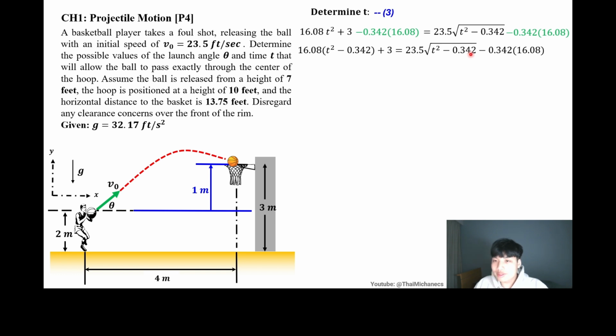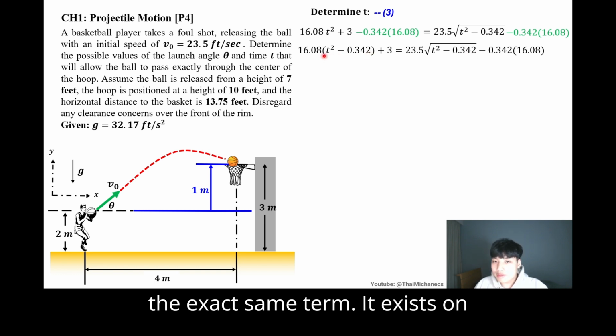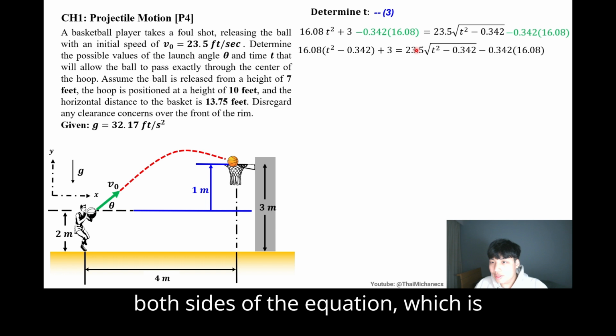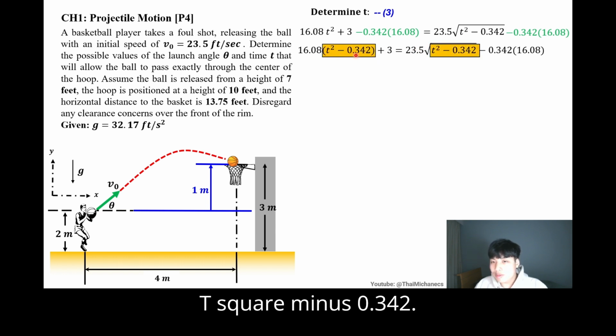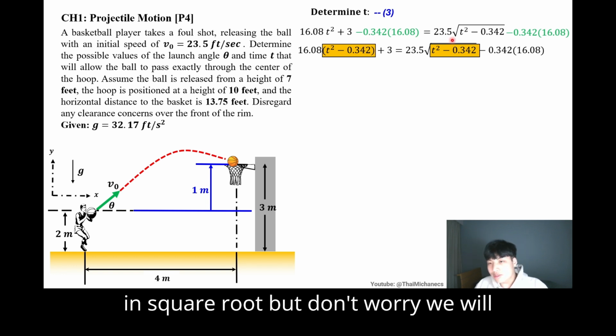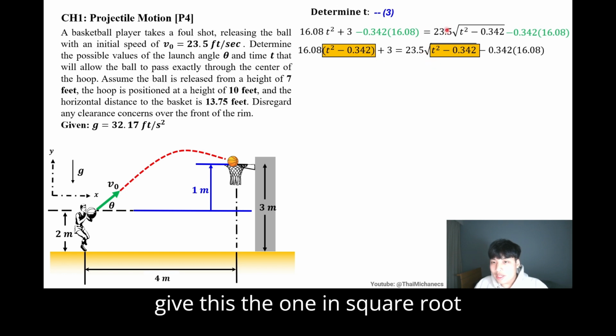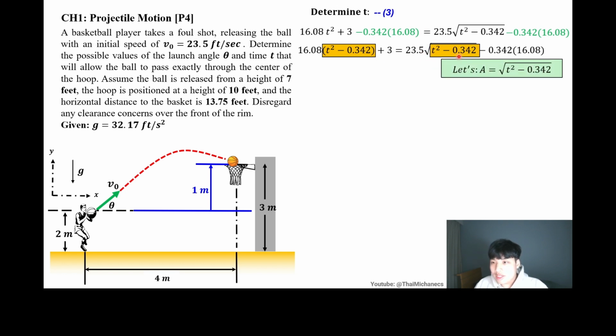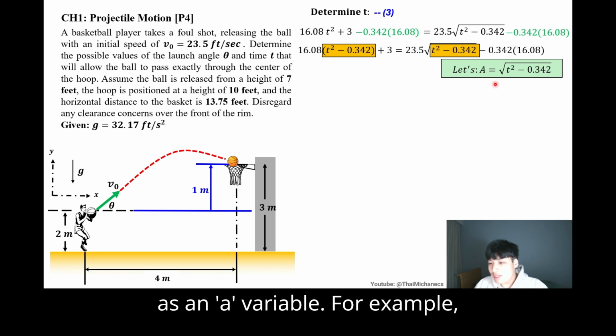Then you notice the exact same term exists on both sides of the equation, which is t squared minus 0.342. One is not in a square root, another one is in a square root, but don't worry, we will give the one in the square root a variable. For example, a equals the square root of t squared minus 0.342.